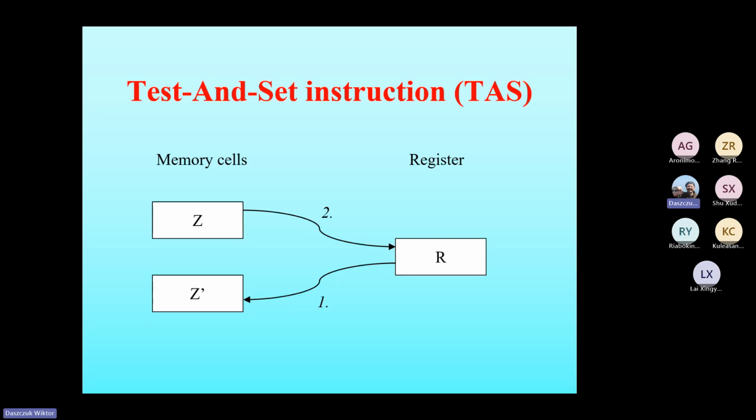And it is done in exclusive access to the system bus. That means that this instruction cooperates with the system arbiter, the bus arbiter of the computer, in a special way.